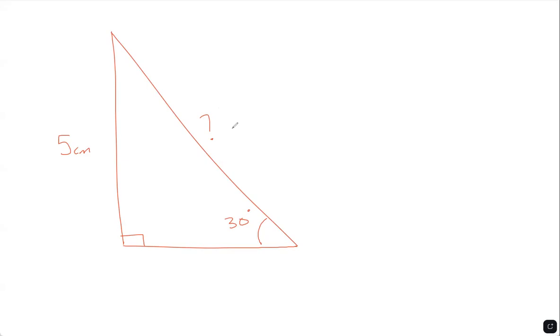If this is a right angle triangle and this angle here is 30 degrees, the opposite there is 5 centimeters. You're asked to find this side, that's the hypotenuse. So you have to look for what combines opposite and hypotenuse together. That's going to be sine. You put that one there.